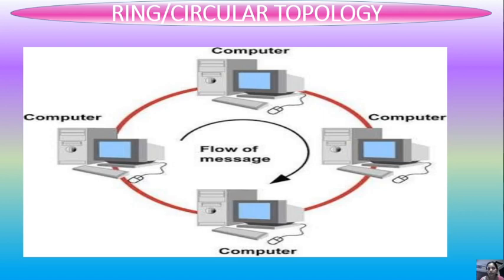In a circle, systems are connected with each other, and the message can flow from one PC to another, or one node to another node. So this is ring or circular topology, because the systems are connected in a circular pattern.